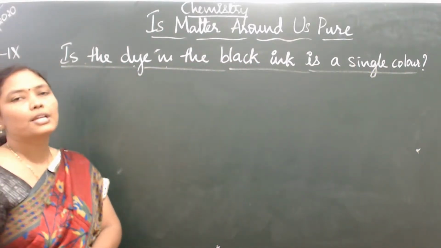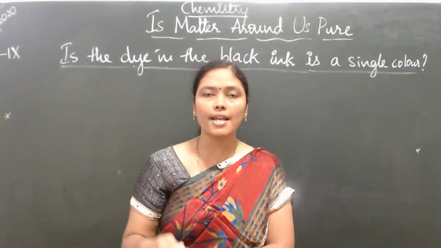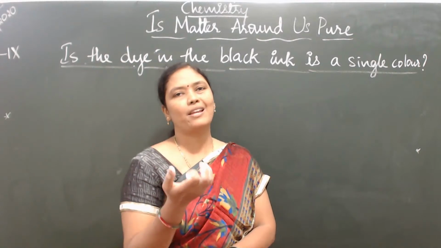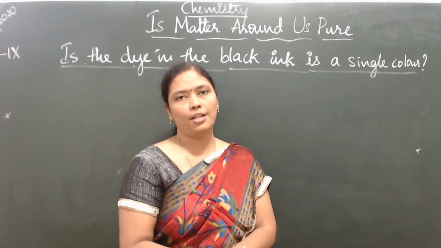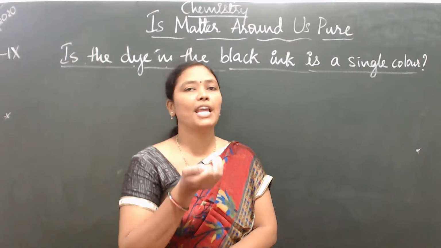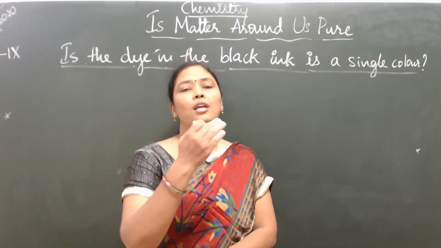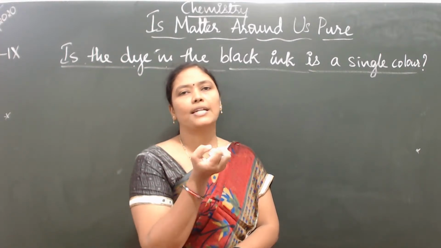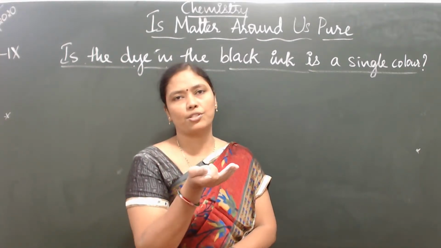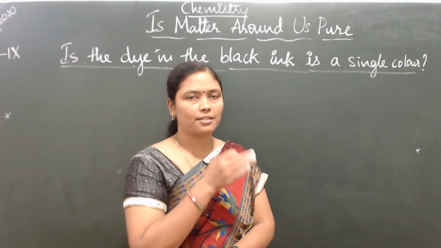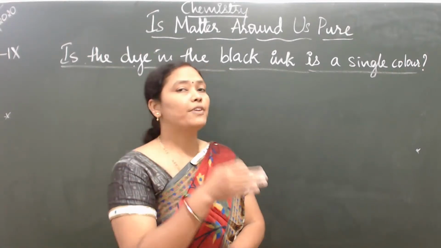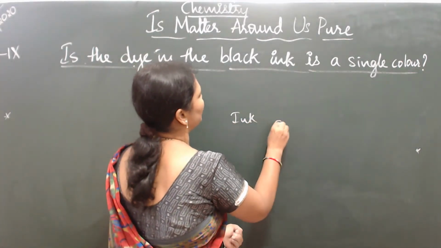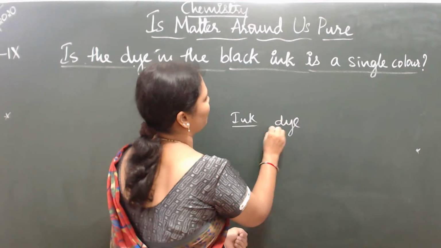Dear students, in the earlier activity, we separated the dye from the ink using the evaporation method, where all the water is removed and we get the dye as a residue on the watch glass. Please recall that earlier activity, in which we separated the dye from the ink.